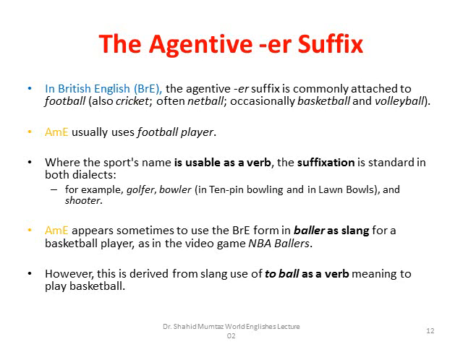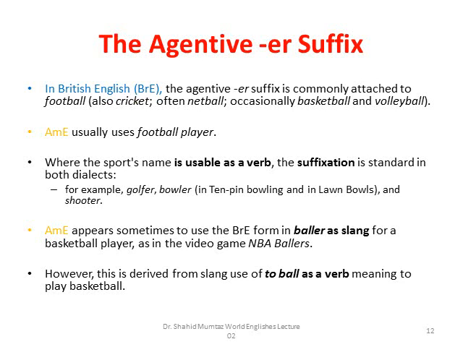So it's not very common, but occasionally the suffix er is used with basketball, making it basketballer or volleyballer. It's not very often. But Americans usually use football player. They do not add er.